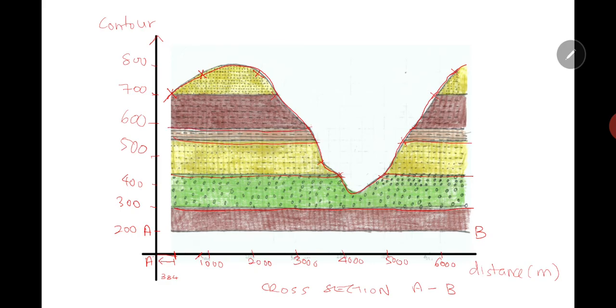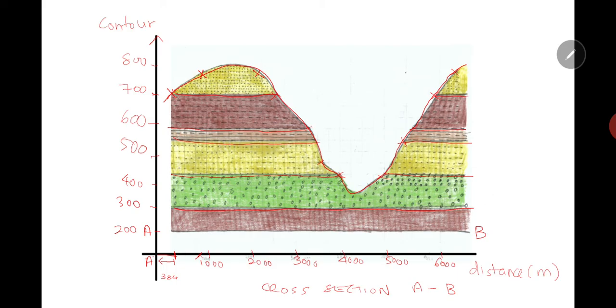After you have drawn everything, you have that cross section from A to B. You have the layers of sedimentary rock with different thickness, and then next you need to find all the information in the map and transfer it to your cross section.